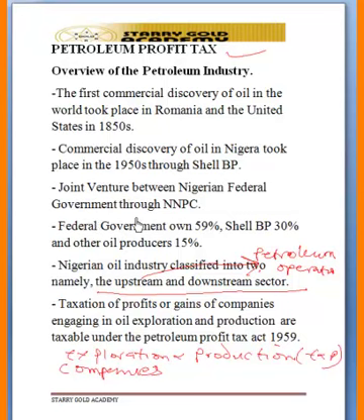So the oil marketers, your Mobil and what have you, are all in the downstream sector. Basically they are into marketing. It also includes activities such as pipelines and storage, petrochemical sales and services. These are referred to as the downstream sector. Let's quickly go through them.